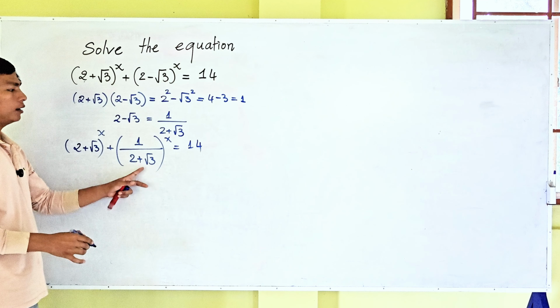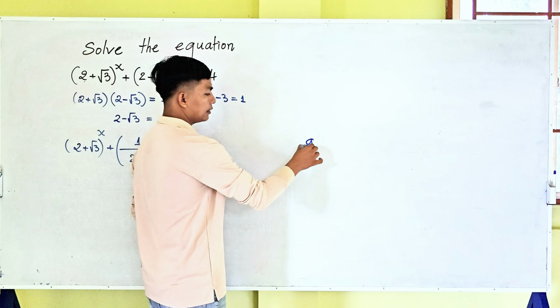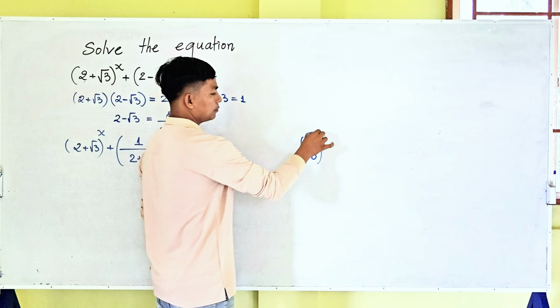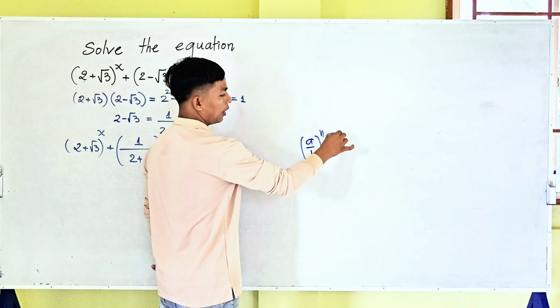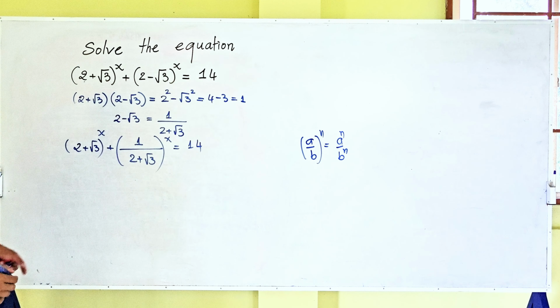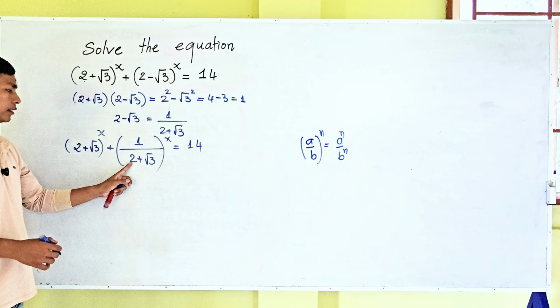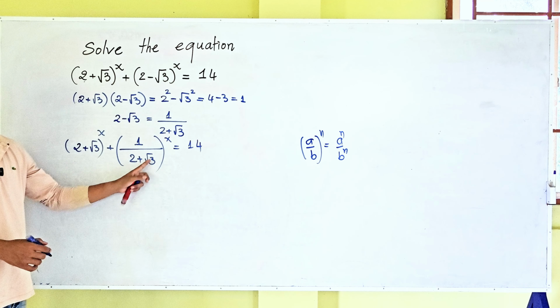And here we use the formula (a divided by b) to the power n equal a to the power n divided by b to the power n. And we get 1 to the power 8 equal 1. And here (2 plus square root 3) to the power 8.